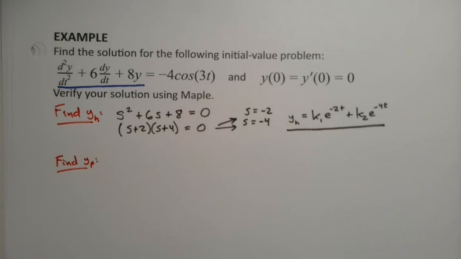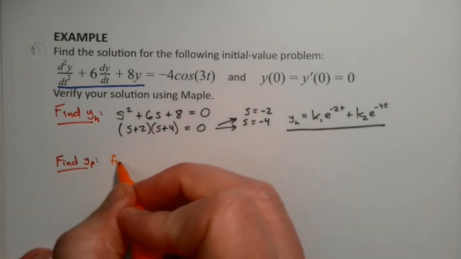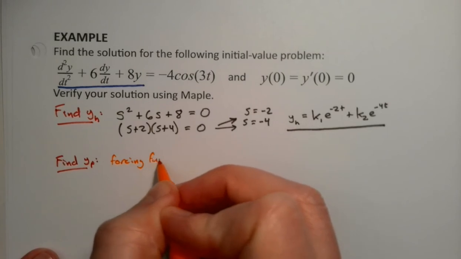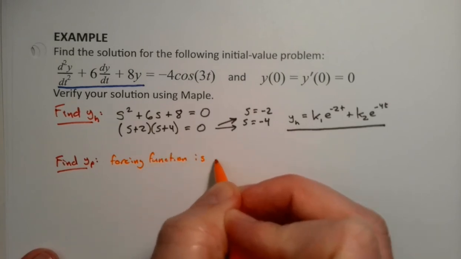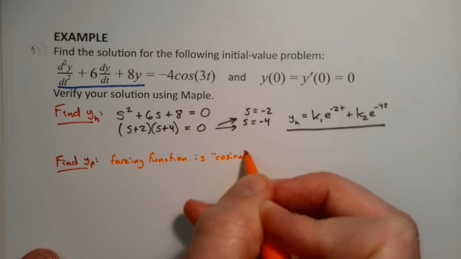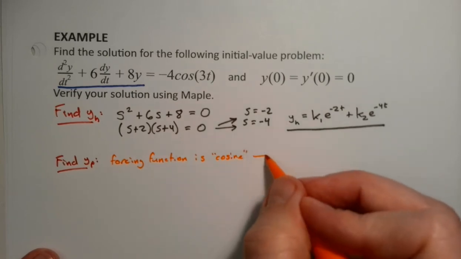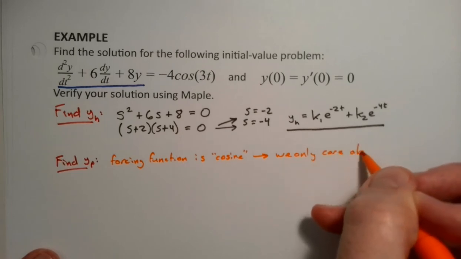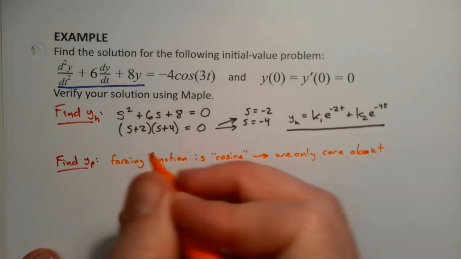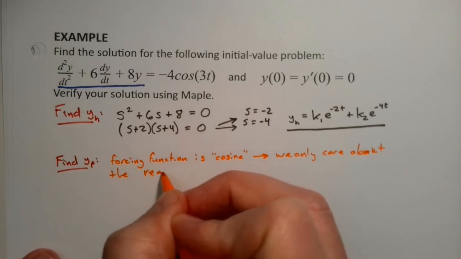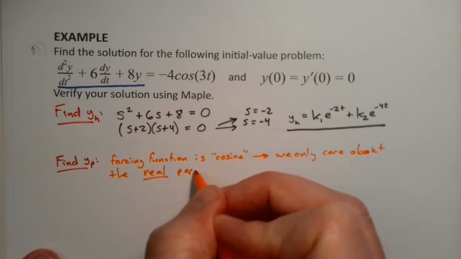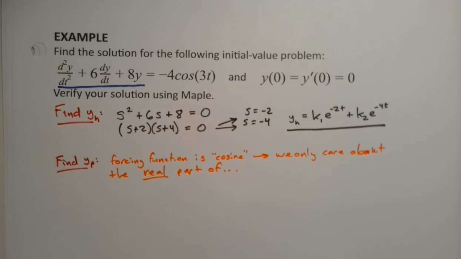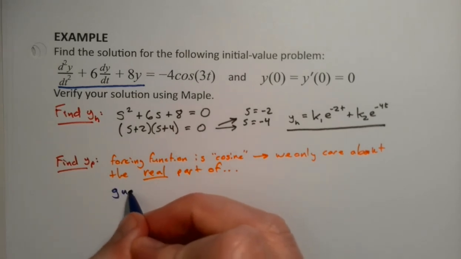And so we know that our forcing function, in this case, is cosine. So that means when we complexify, we only care about the real part of our guess, which is going to be a complex guess.